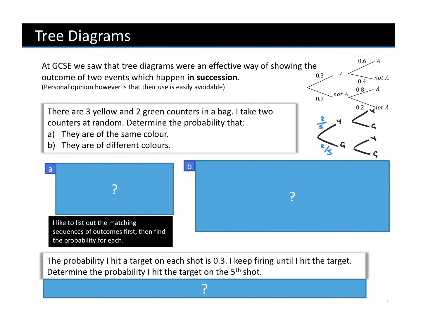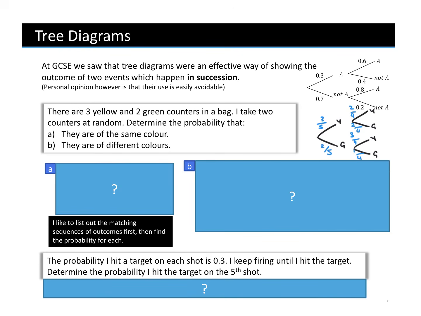If you've already taken a yellow, we're now out of 4. Okay, so this is 2 out of 4, 2 out of 4. If then you take a green, you're still going to have the same amount of yellows as you started, but then you're going to have 1 out of 4. Everyone should be completely happy with this from GCSE. If you're not, you need to go back and learn some prior knowledge.